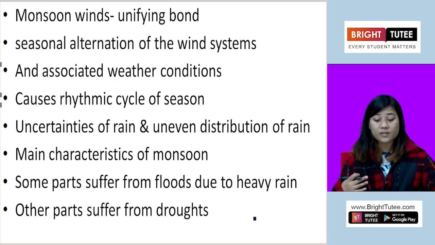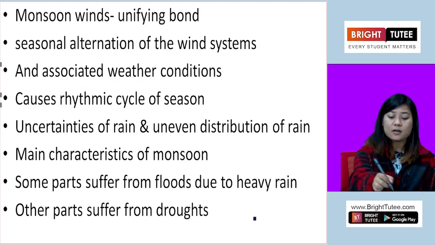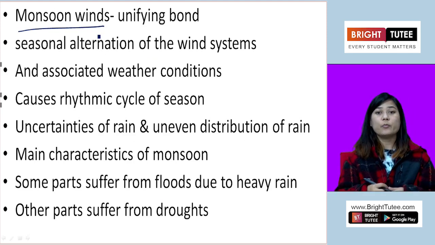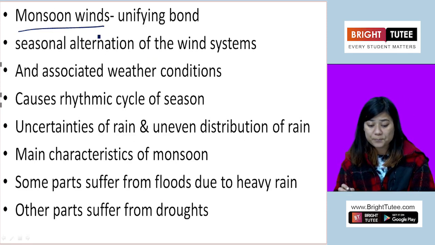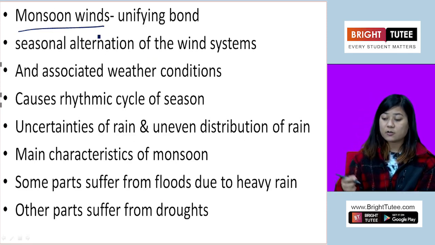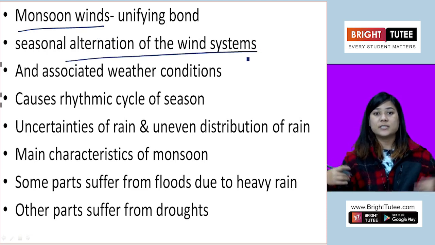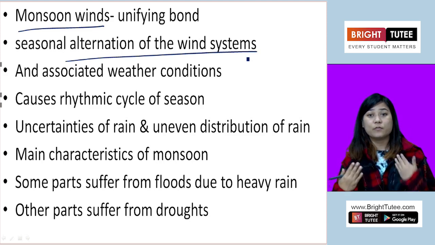Okay. Now, the only unifying bond in this case is the monsoon winds, the winds which bring moisture and cause rainfall. Now, the seasonal alternation of the wind system, or the difference in the movement according to the time of the year.